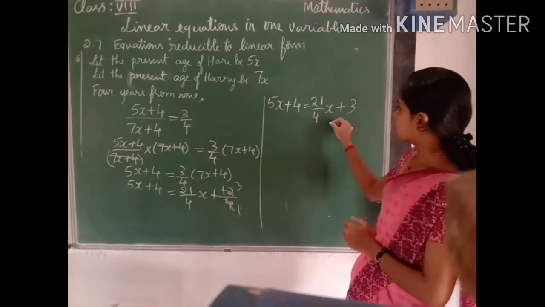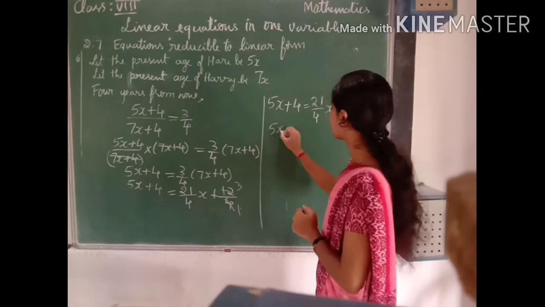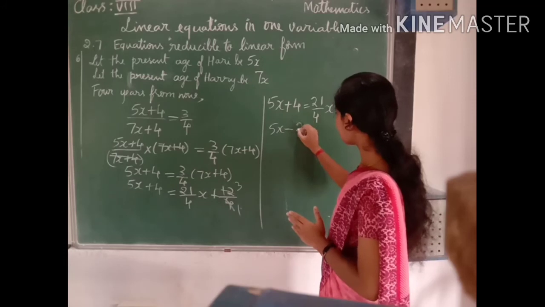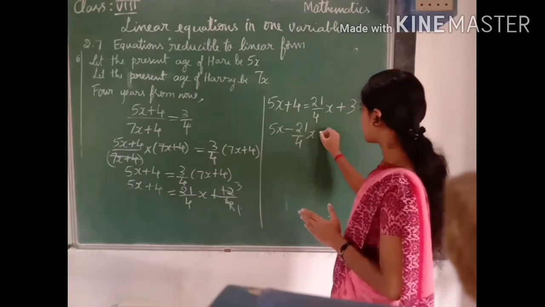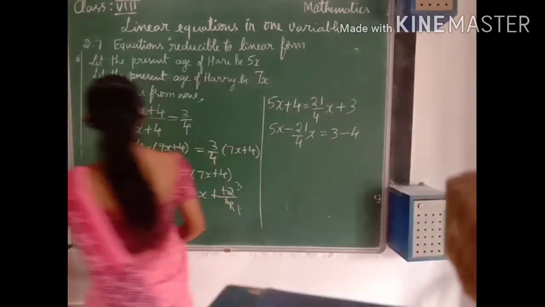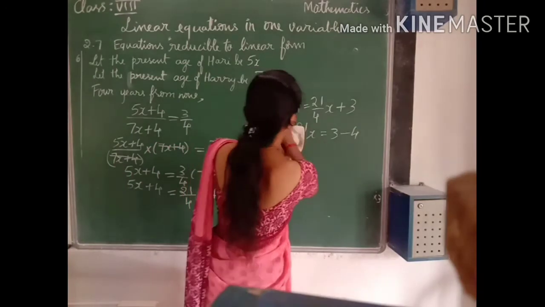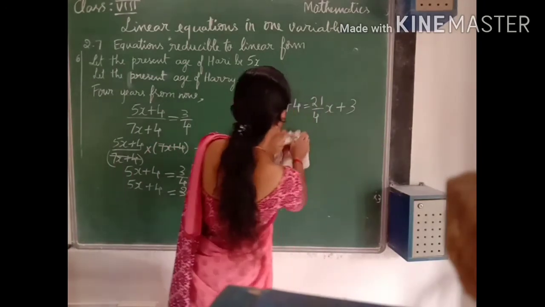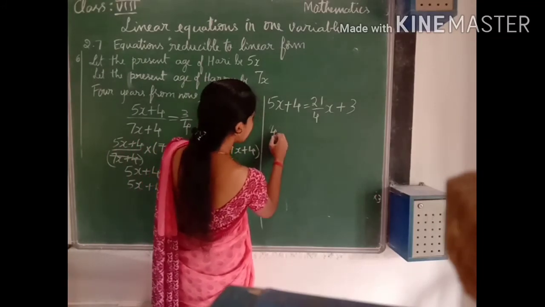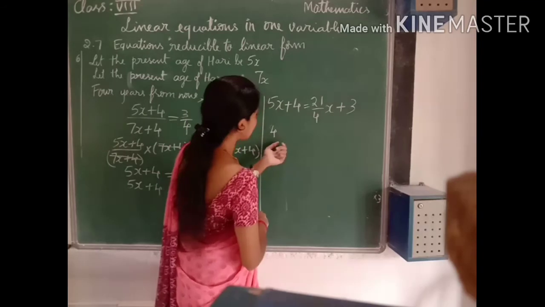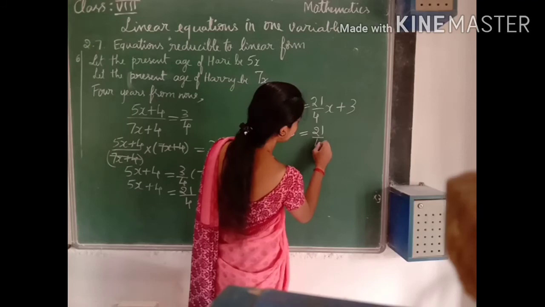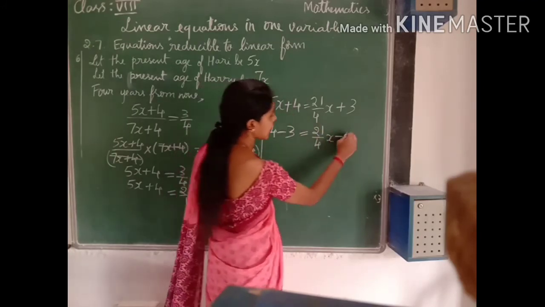Now separate the constant terms. Take 5x to the right side: minus 21 by 4 x, and the constant term 3 you take to the left side. 4 minus 3 is equal to 21 by 4 x minus 5x.